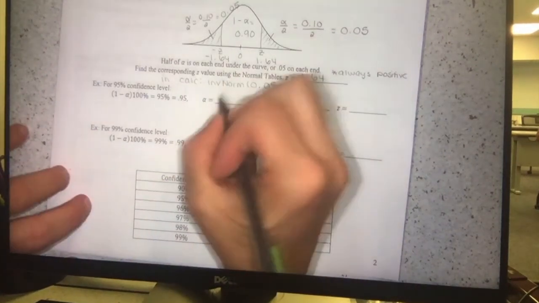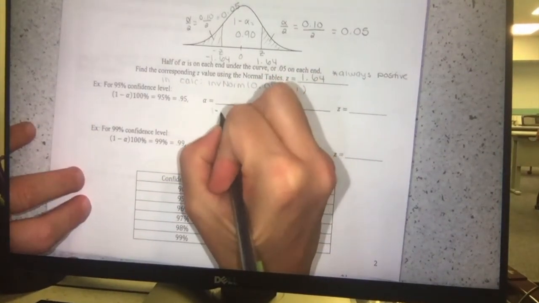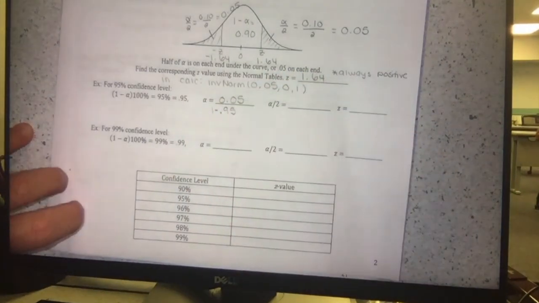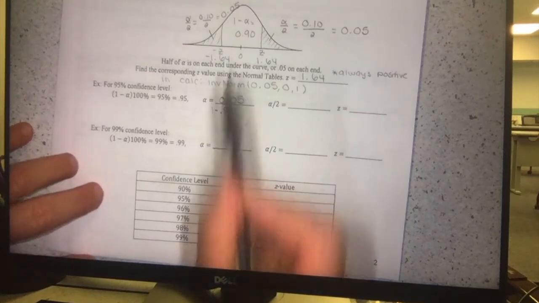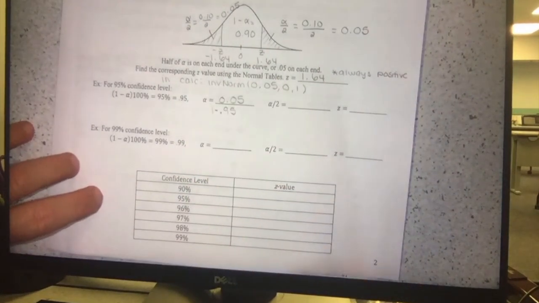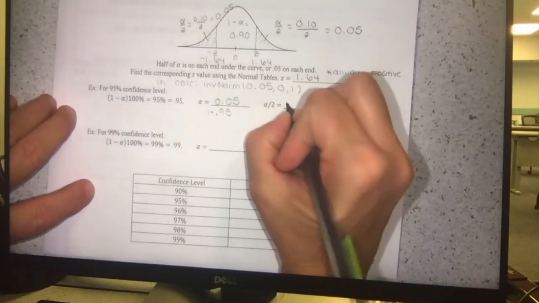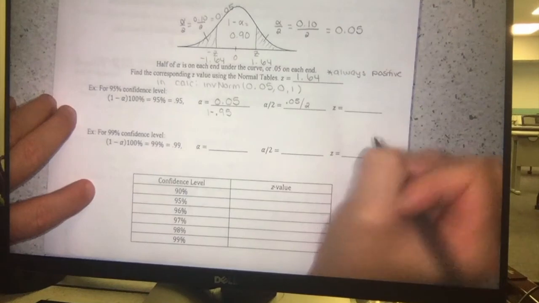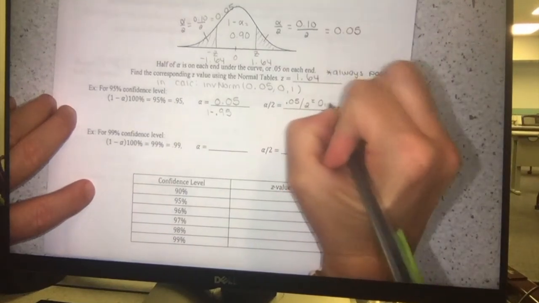I know 1 minus 0.95 will give us 0.05, so that's what's left over. And we know it's going to be the same thing on both tails, so we need to divide by 2, so 0.05 divided by 2, which will give us 0.025.